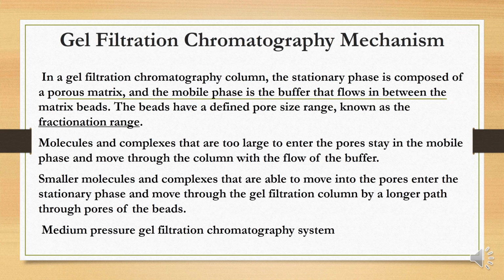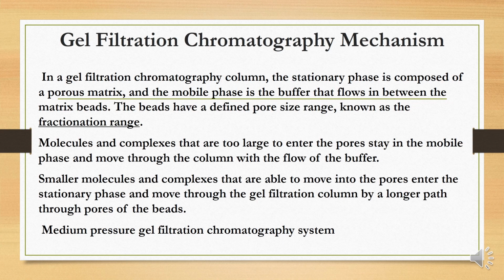Gel filtration chromatography mechanism. In a gel filtration chromatography column, the stationary phase is composed of a porous matrix, and the mobile phase is buffer that flows in between the matrix beads. The beads have a defined pore size range known as the fractionation range. Molecules and complexes that are too large to enter the pores stay in the mobile phase and move through the column with the flow of the buffer.